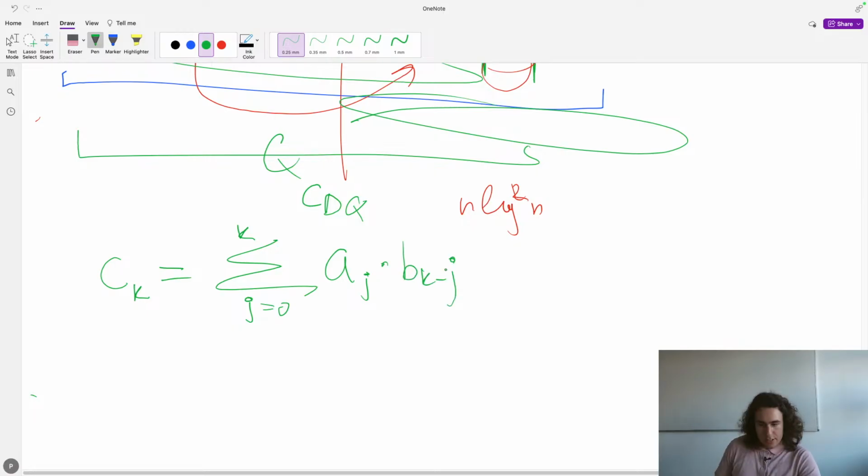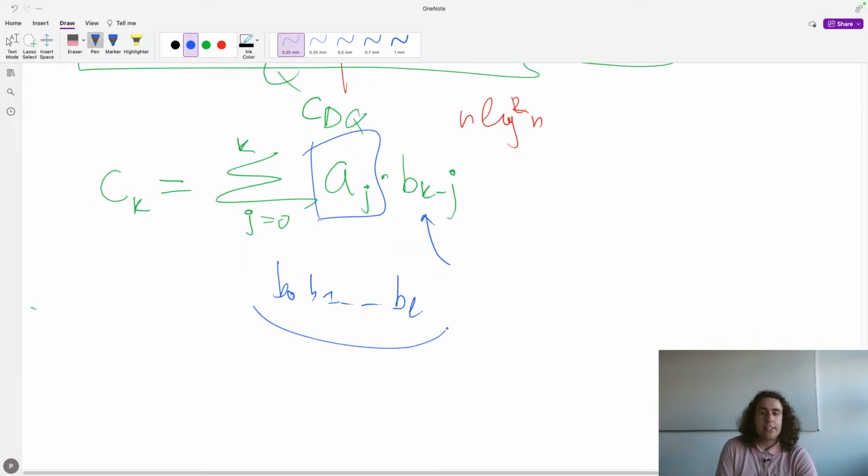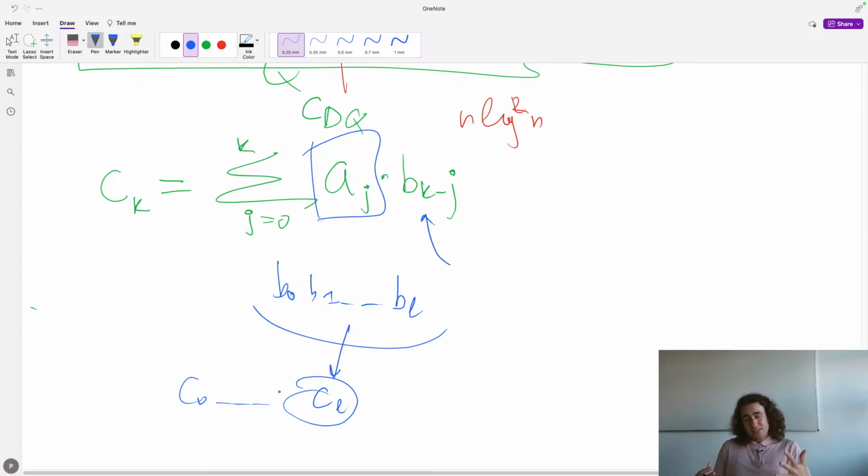And imagine that I'm given the values of a in advance, but values of b are given to me only one by one. When I know b0, b1, and so on, up to b_l, these are the only values of b I need, theoretically, to know the value c_l, right? To know all the values c0 and so on up to c_l. So theoretically, already when I'm given all these values, I should be able to compute the prefix of c.